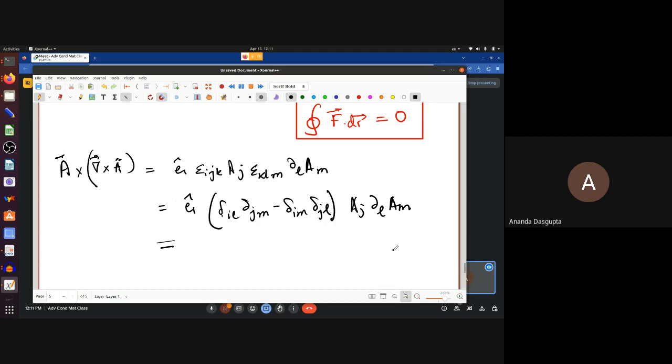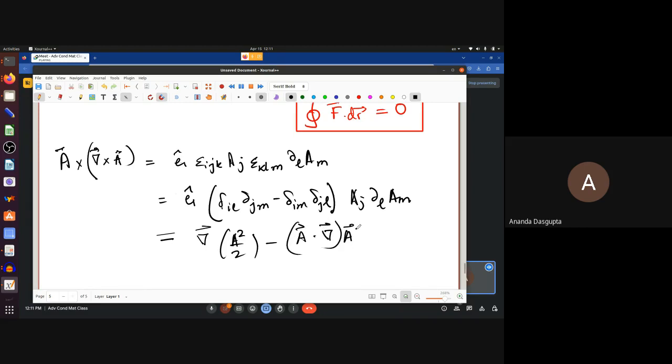And now using that, you can easily show what the result is. You should be able to show that this is actually gradient of A square by 2 minus A dot grad A.